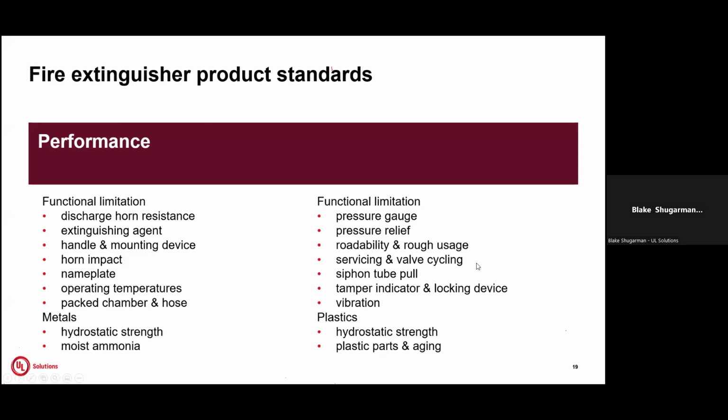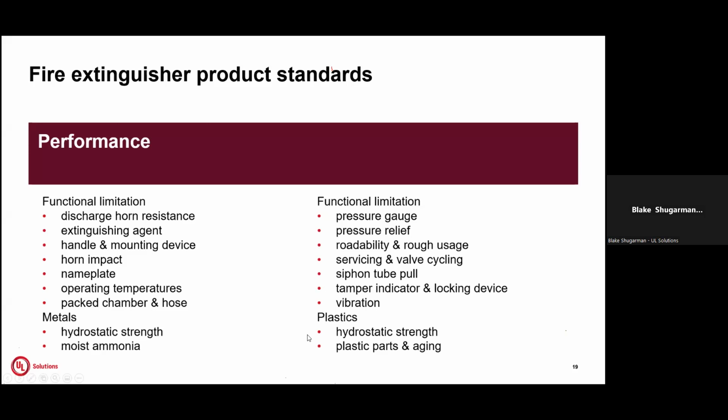There's servicing and valve cycling tests, depending upon the type of extinguisher that we're looking at. There's siphon tube pull tests, depending upon how the siphon tube is designed with threads or with a press fit. And then there's tamper indicator and locking loop tests and vibration tests that are conducted.